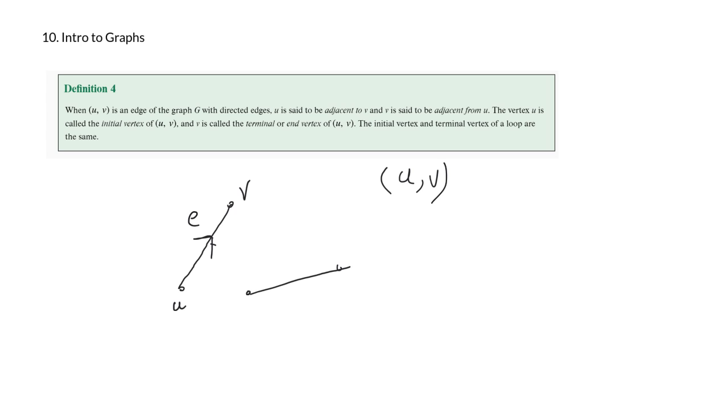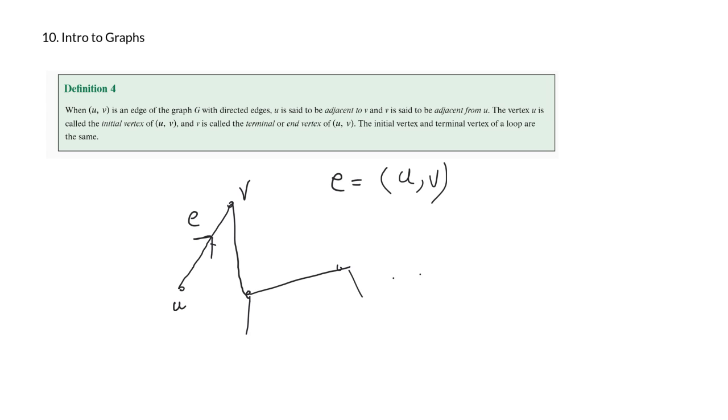So if this is E, and this is the rest of the graph, E is the ordered pair (u, v). Now this definition says that we call v adjacent from u, and u adjacent to v.